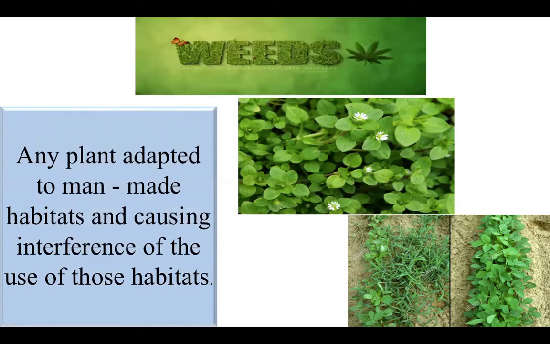In the same way, volunteer crop plants are regarded as weeds in a subsequent crop. Many plants that people widely regard as weeds are also intentionally grown in gardens and other cultivated areas, in which they are sometimes referred to as beneficial weeds.